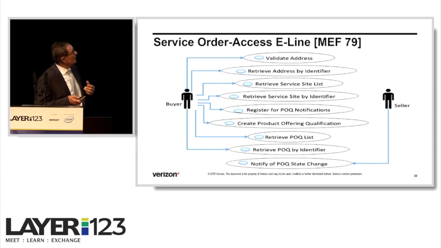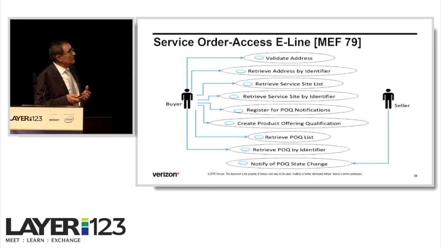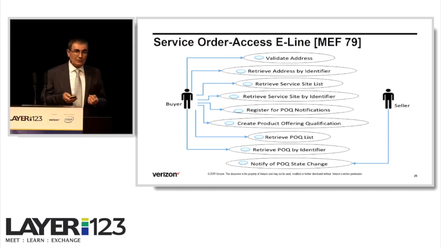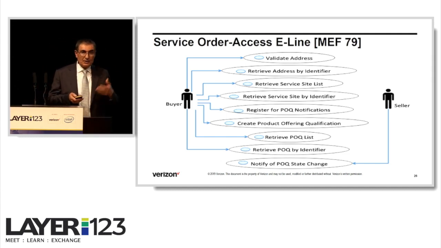And then once you do that, you register for the product qualifications, and fill in the product order qualifications. And then the service provider gives you a list and you retrieve your list and take a look at really what kind of product orders you have.